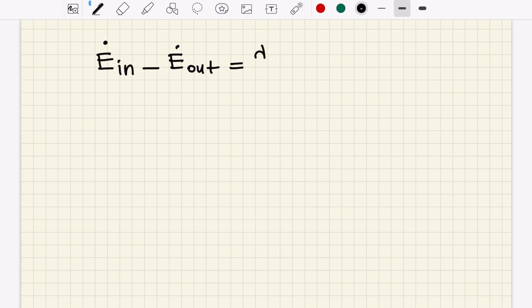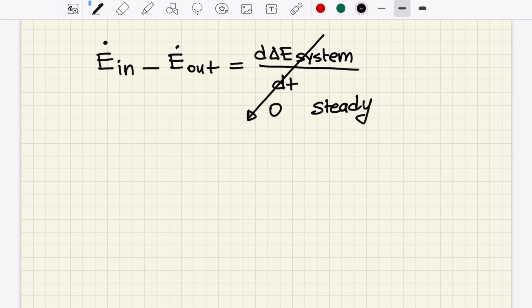And the reason for that is, as you guys can see, that since this is a steady flow device, the change with time in terms of the system properties like energy, internal energy, any other property like maybe enthalpy, like entropy, these are with time is not changing. So therefore you set this to 0 for a steady flow device, and in this case we are dealing with a steady flow device, which makes our energy balance as such that the rate of energy flowing in is equal to the rate of energy flowing out.